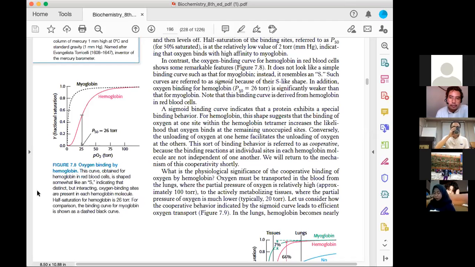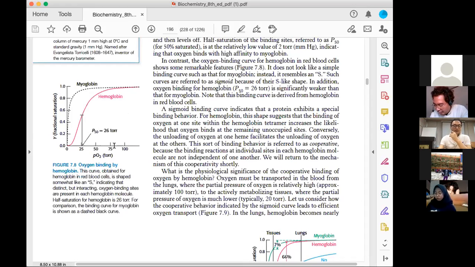Can you see clearly? So from here you can see when oxygen concentration is higher, the oxygen tends to bind to hemoglobin. For example, if the environmental oxygen concentration is 50 torr, then you can see from here to here, about 80% of the hemoglobin molecule is occupied by oxygen.